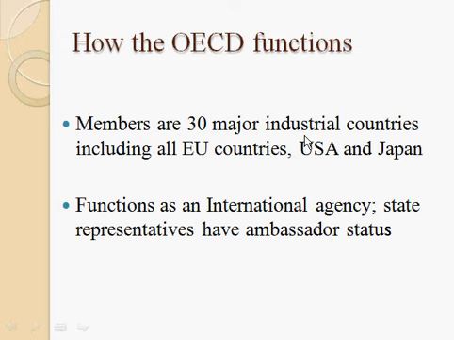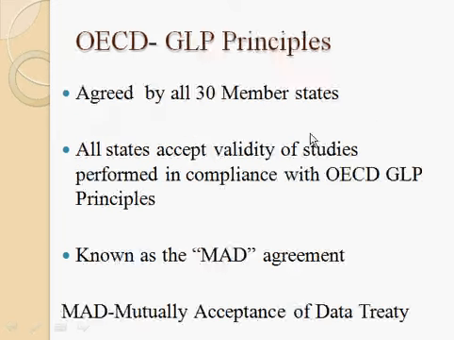State representatives have ambassador status. That is very important, because OECD functions with most of the 30 countries, and they regulate all these 30 countries, and wherever data is generated in GLP laboratories, they are supposed to accept it as per the MAD treaty. MAD means mutual acceptance of data.